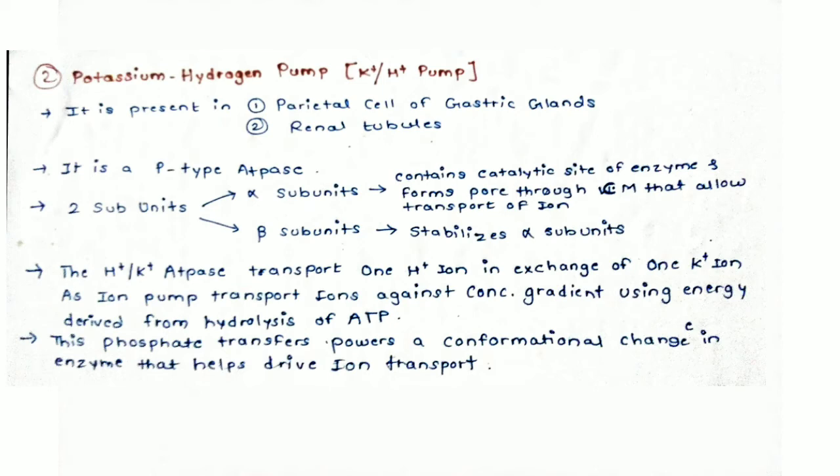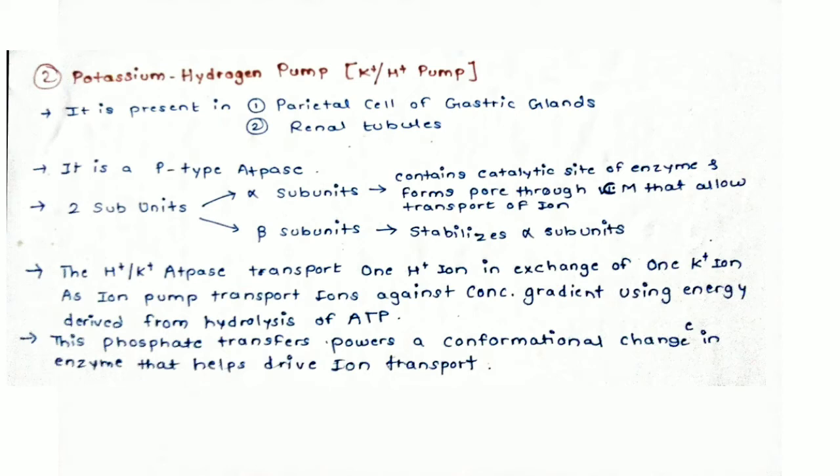It has two subunits, alpha subunits and beta subunits. The alpha subunit contains the catalytic sites of the enzyme and forms a pore through the cell membrane that allows the transport of ions, while the beta subunit stabilizes the alpha subunit.